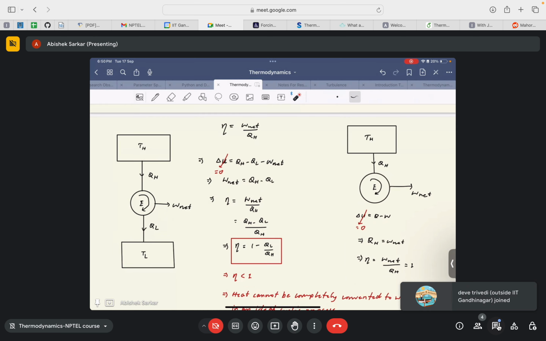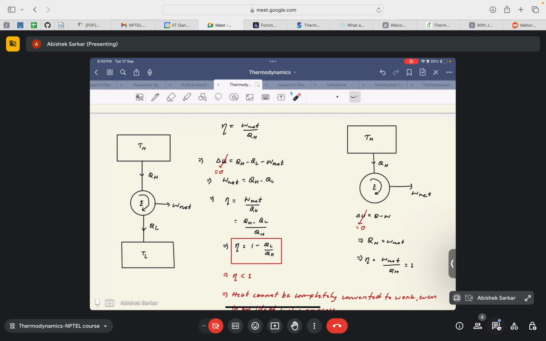So you will have QH equal to W net. The thermal efficiency can be found by W net by QH, and since W net is equal to QH, you get eta equal to 1. So for this machine, the efficiency of the system is 1, but we know that this is not a real machine or real system. It's just an imaginary machine. It will never exist in the real world.